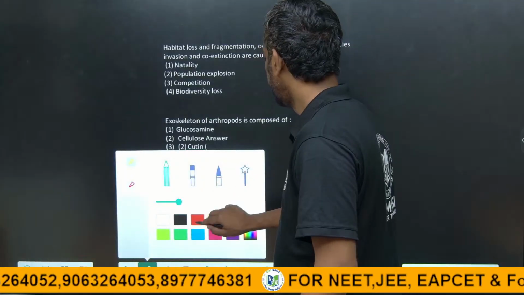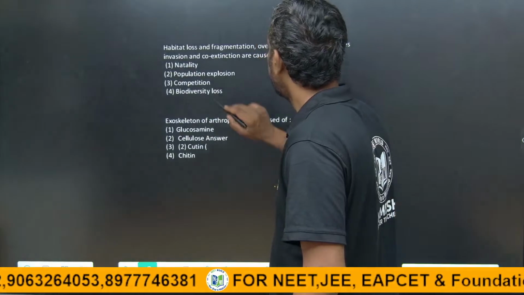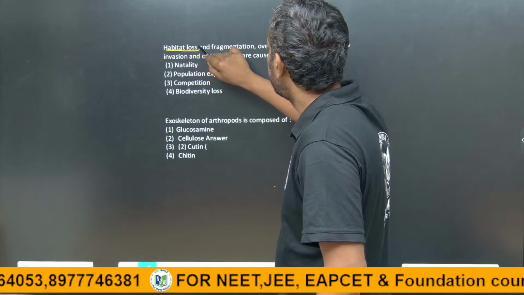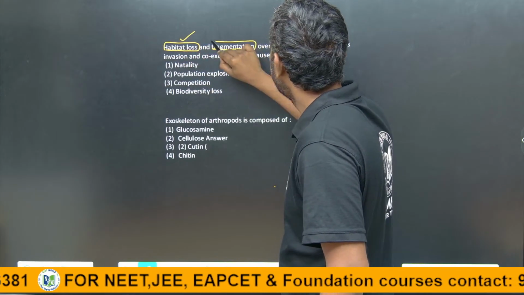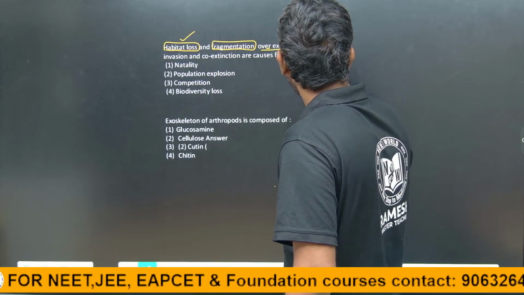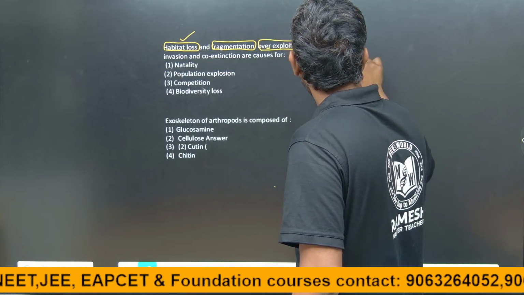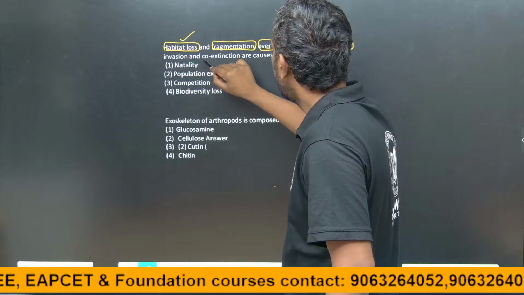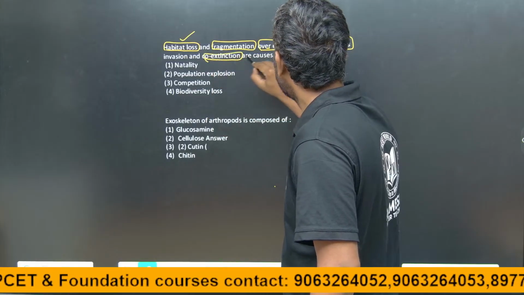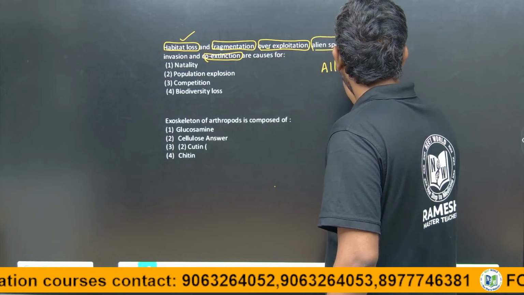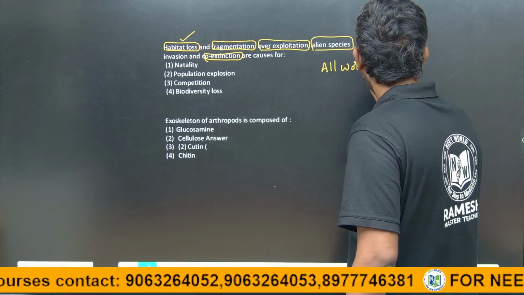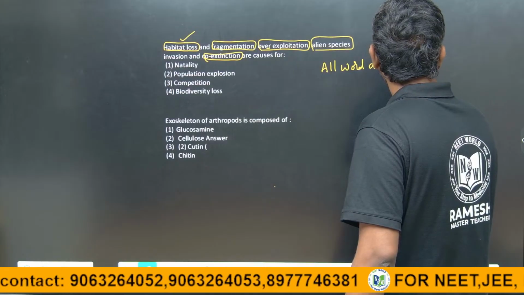Here, habitat loss and fragmentation, over exploitation and alien species invasion, co-extinction. These all words are negative in nature, right?